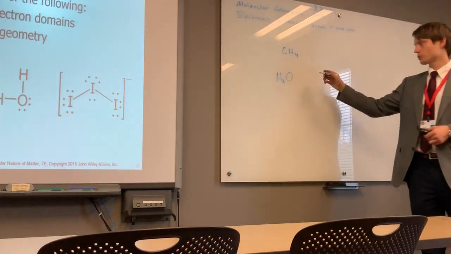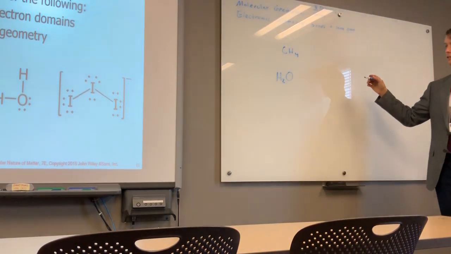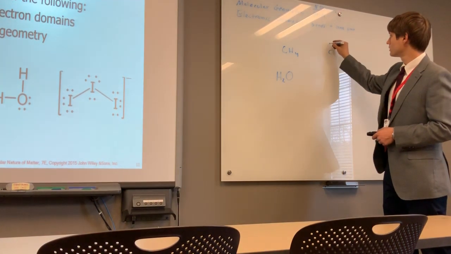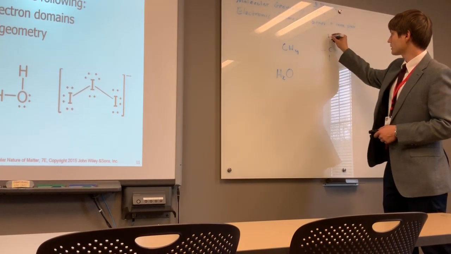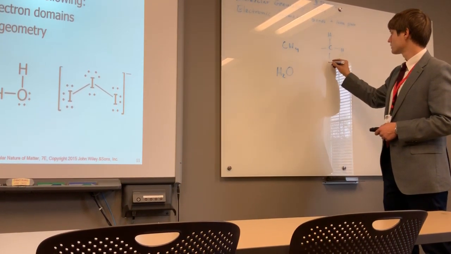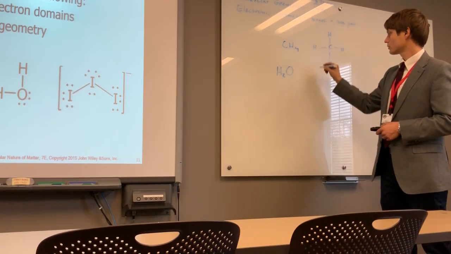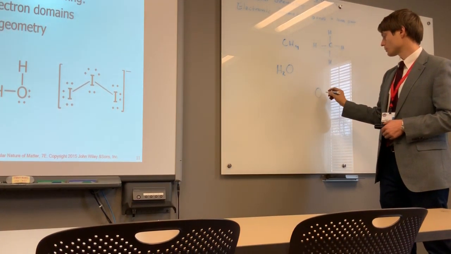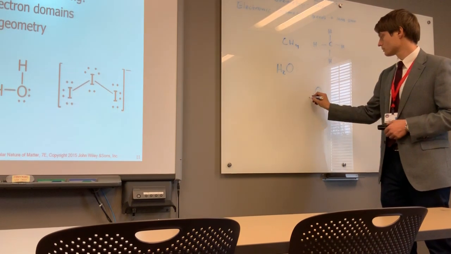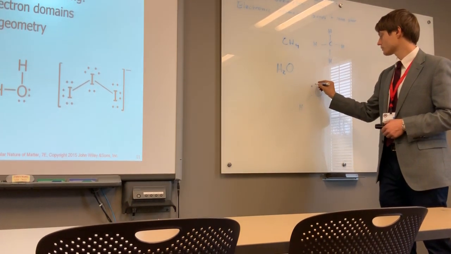If we draw the Lewis structures for each of these, carbon's in the middle with 4 hydrogens, right? Water has oxygen in the middle with 2 hydrogens, and then there are 2 lone pairs, right?